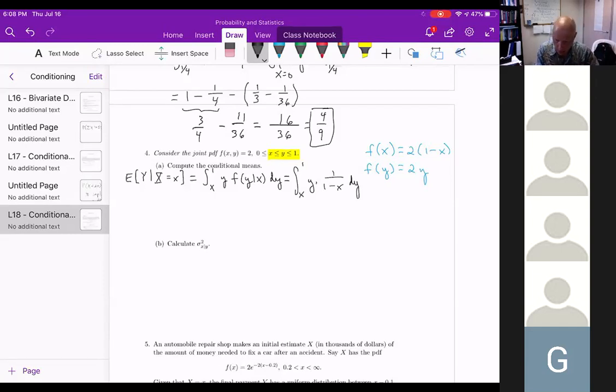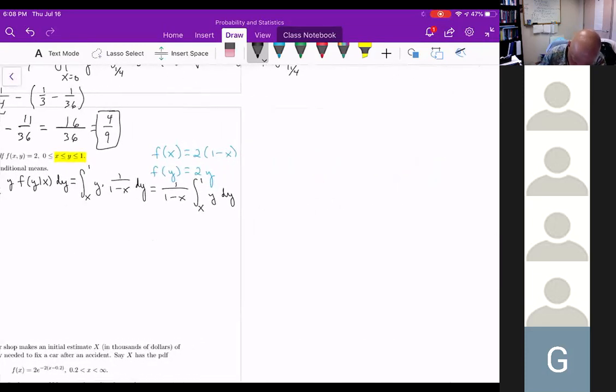Yeah, that's right, Miku. Now we're integrating with respect to y, so that 1 over 1 minus x is essentially constant. Remember, x is a conditioned value. We don't know it, but it has some value. So this is integrating y from x up to 1. So that's going to give us y squared over 2. You still have the 1 over 1 minus x up front.